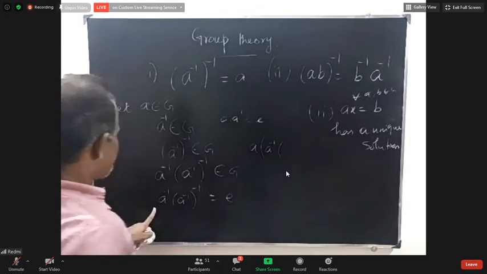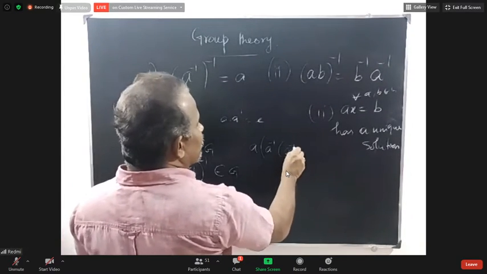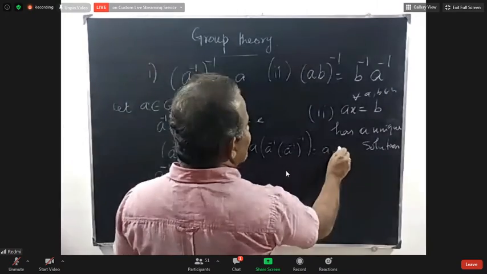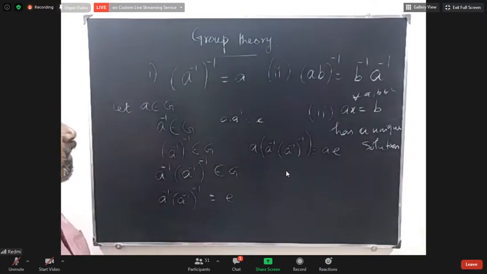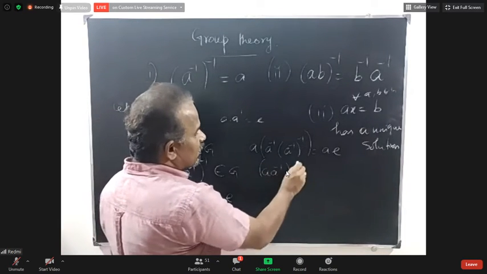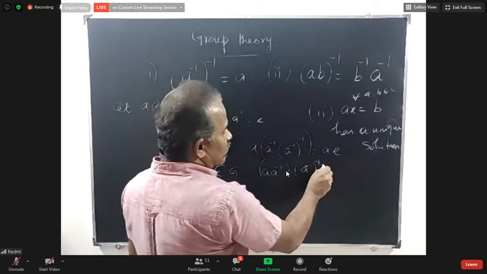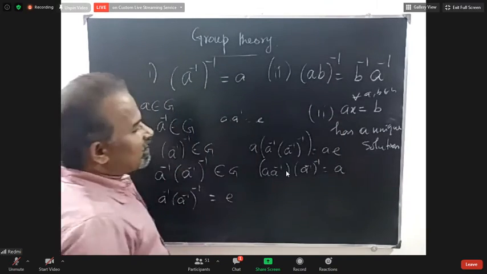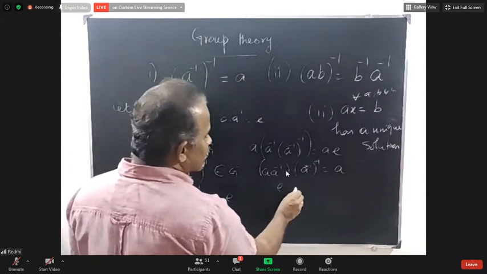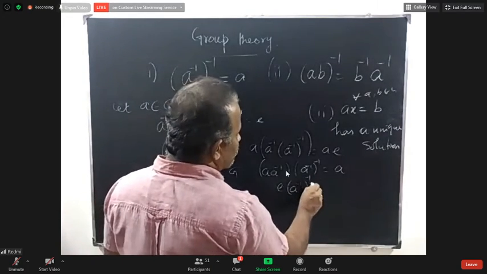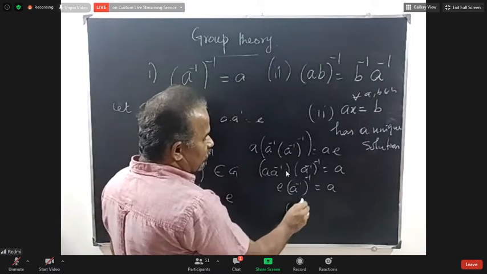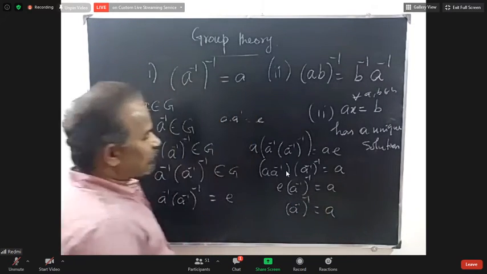Therefore, A inverse of inverse is equal to A times E. By using associativity, the inverse of inverse is equal to A. So this is E times A inverse of inverse is equal to A. So again, A inverse of inverse is equal to A.